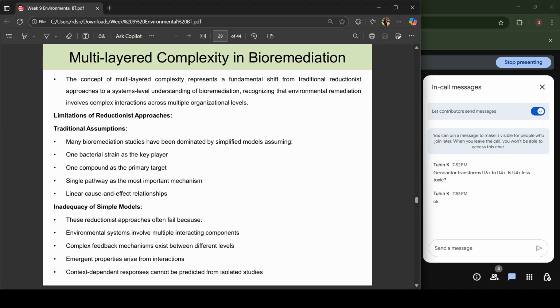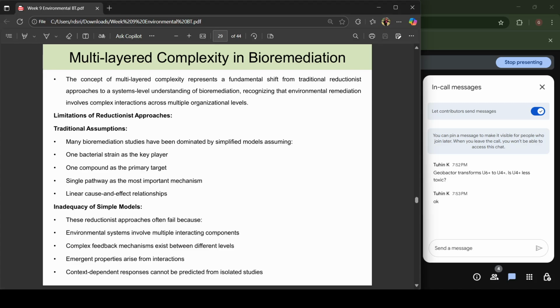So this recognizes that the environmental remediation involves complex interactions across multiple organizational levels. So the limitation of reductionist approaches, it has traditional assumptions like many bioremediation studies have been dominated by simplified models because we have assumed that one bacterial strain is the key player, one compound is a primary target, and one pathway can fix the issue.